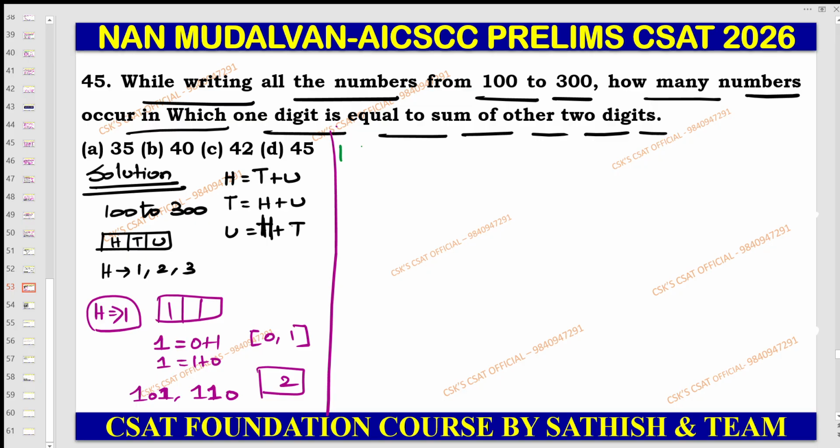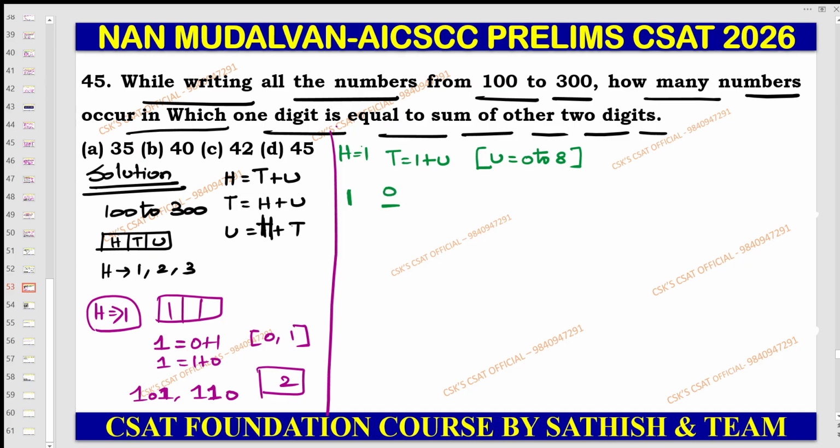Now here, when h is equal to 1, what is happening with the tens plus the unit? So check with the unit's values. You can take 0 to 8. Why 0 to 8? Listen carefully, the hundreds place here is 1, right?